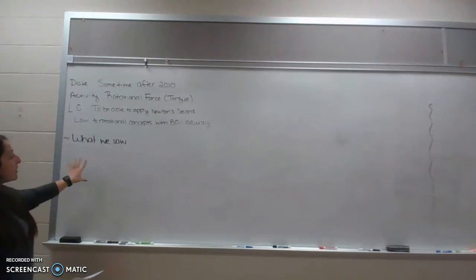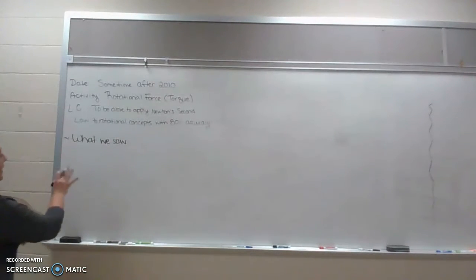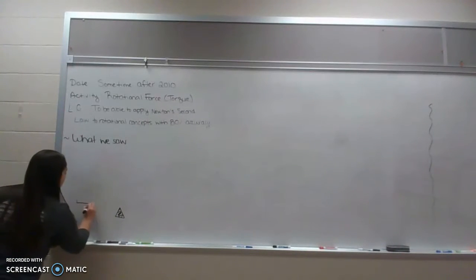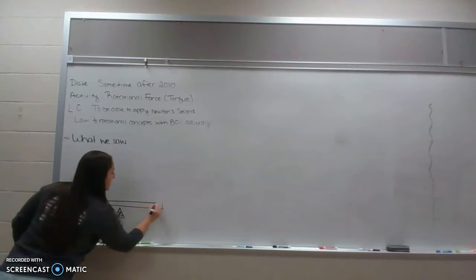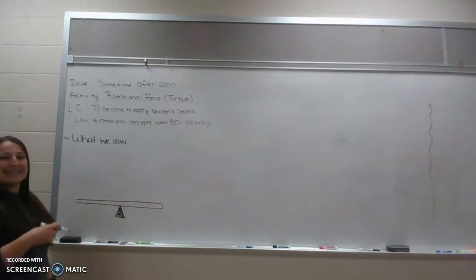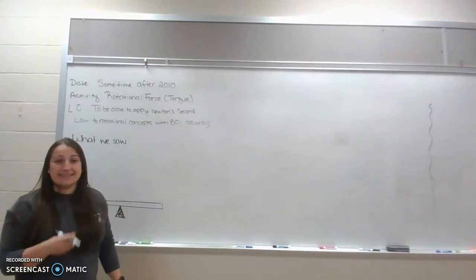So how we're actually going to start these notes is looking at the mini lab that we did. So looking at what we saw when we had that pivot point, and on that pivot point, we had the meter stick, and your goal when placing the masses on the meter stick was to find the center of mass, or to get it into equilibrium.